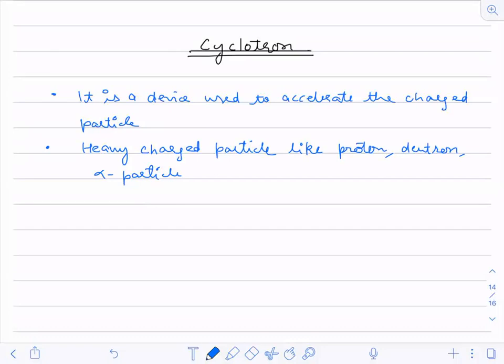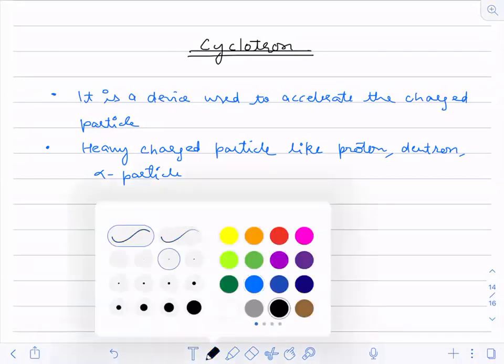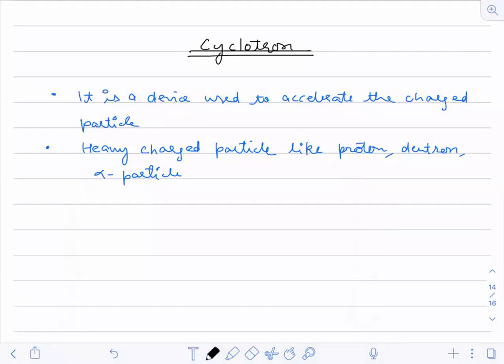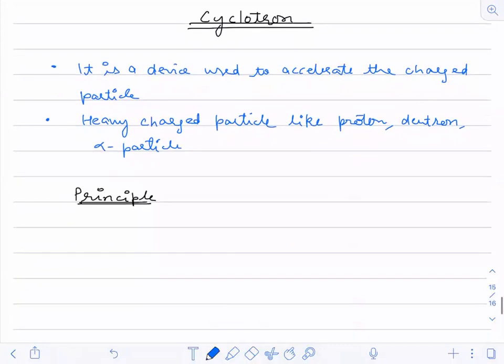Okay, not now. Next thing we should understand is the principle. On what principle does the cyclotron work?